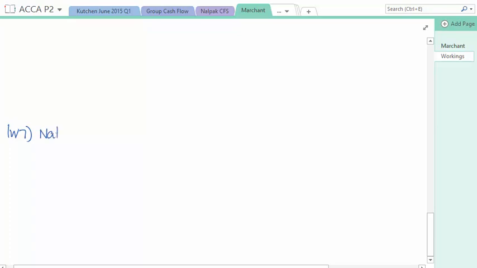So we have the Nathan disposal. How much have we sold it for? We've gone debit cash 18 million. And we're going to credit the NCI with their increase in the value.